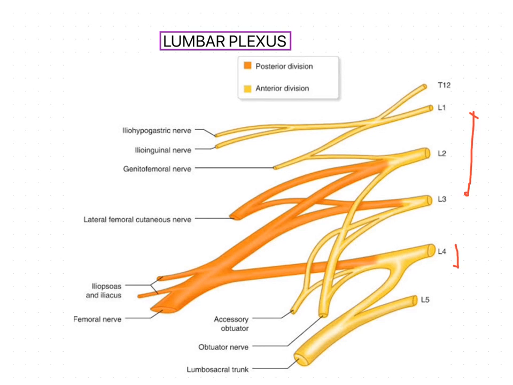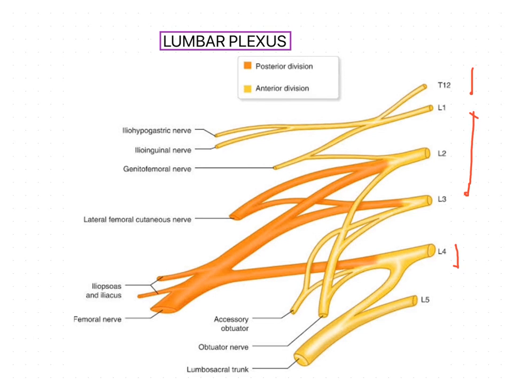That means from L1 to L4, the lumbar plexus is going to take part. And also a small branch, or we can say small twig, which is coming from T12 unites with the L1 to form the branches.